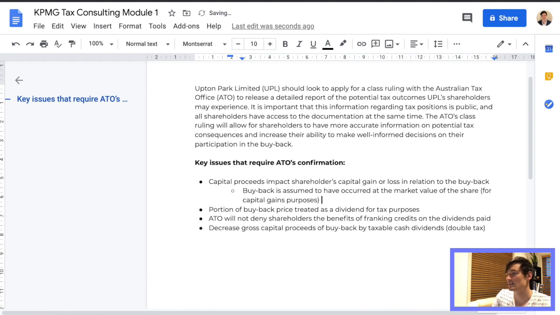I literally found this somewhere in the class ruling, and from reading about buybacks on Investopedia. If you're unsure what this means, definitely have a look at that.